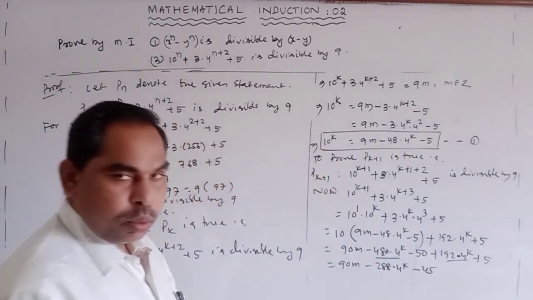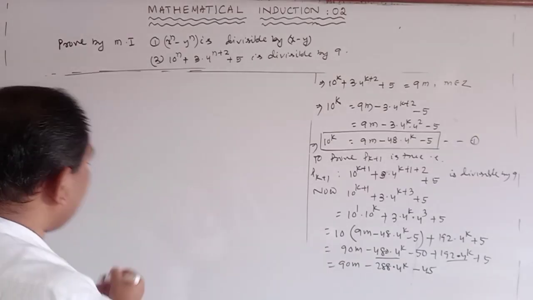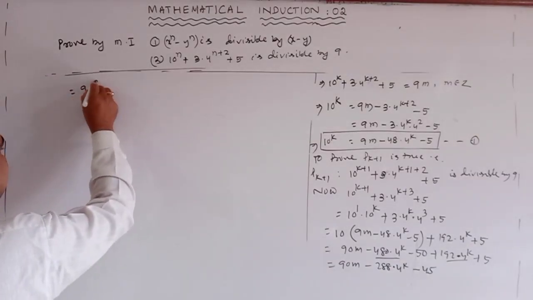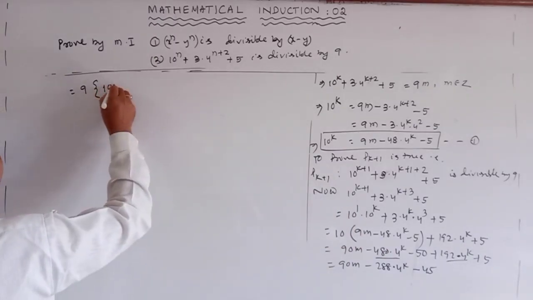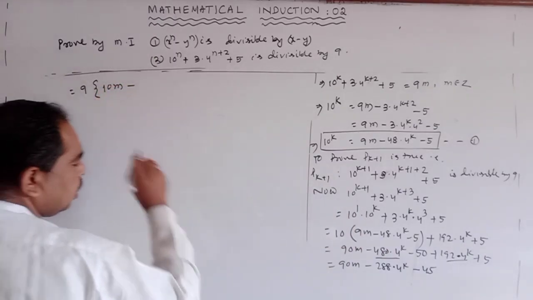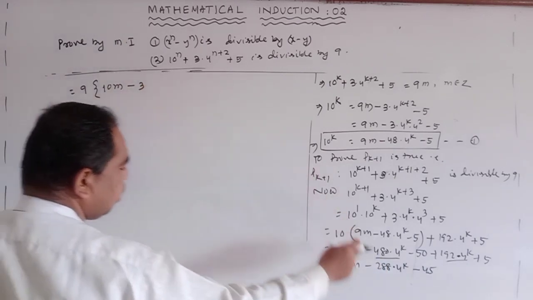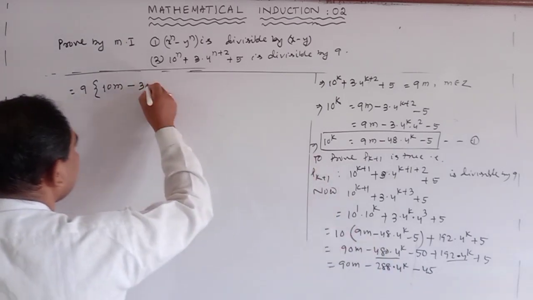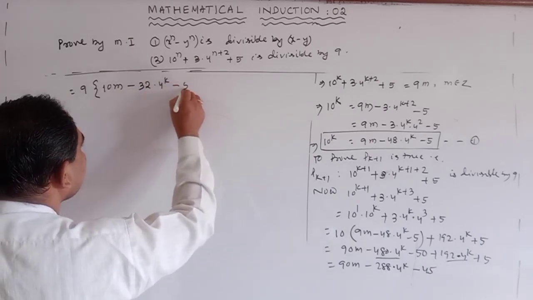So it is equal to 9, taking 9 as common from this, 10m minus 5, 9 into 32 is 288, into 4 to power k minus 5.